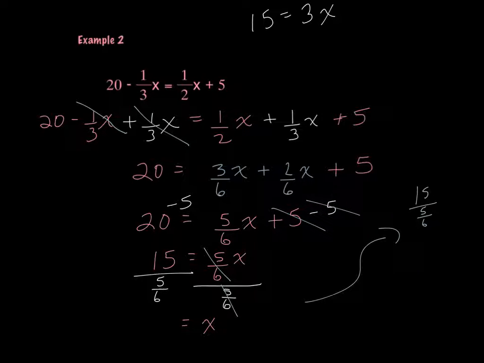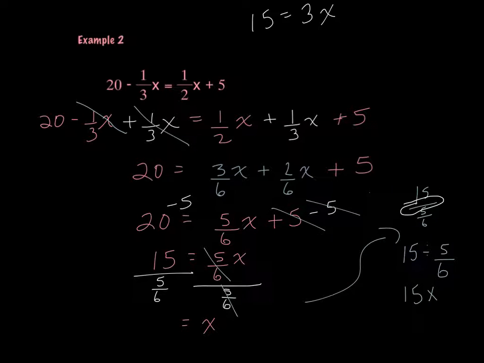Well, let's instead think of this fraction sign right here as a division sign. So that would really be the same as saying 15 divided by 5 over 6. So that's what a fraction really is, right? It's a division. So now we have 15 divided by 5 over 6. How do you divide fractions again? Oh, right, you multiply by the reciprocal.